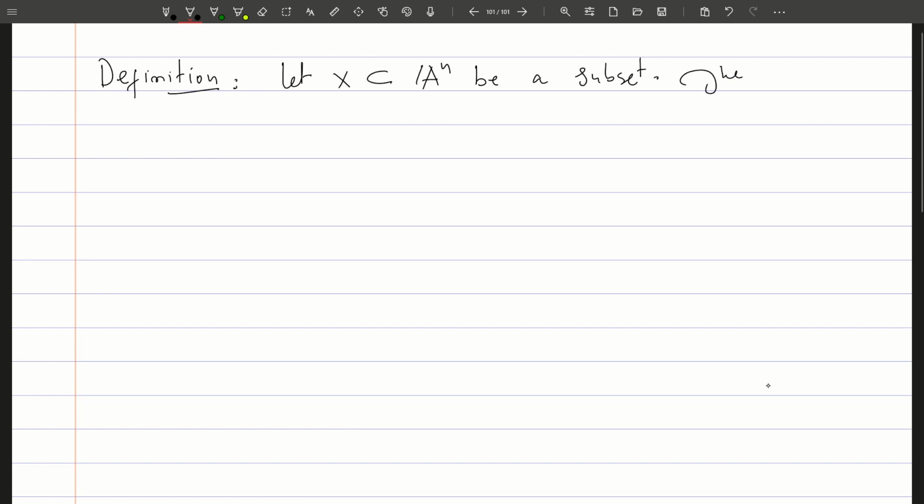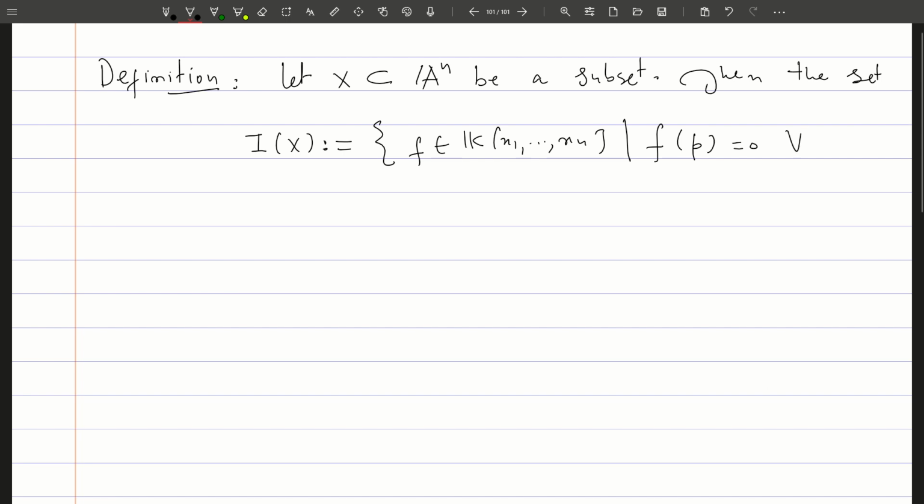Then the set I(X), which is given as all polynomials f in the polynomial ring in n variables such that the polynomial f vanishes at each point p of X, this is true for all p in X. This is called the ideal of X.